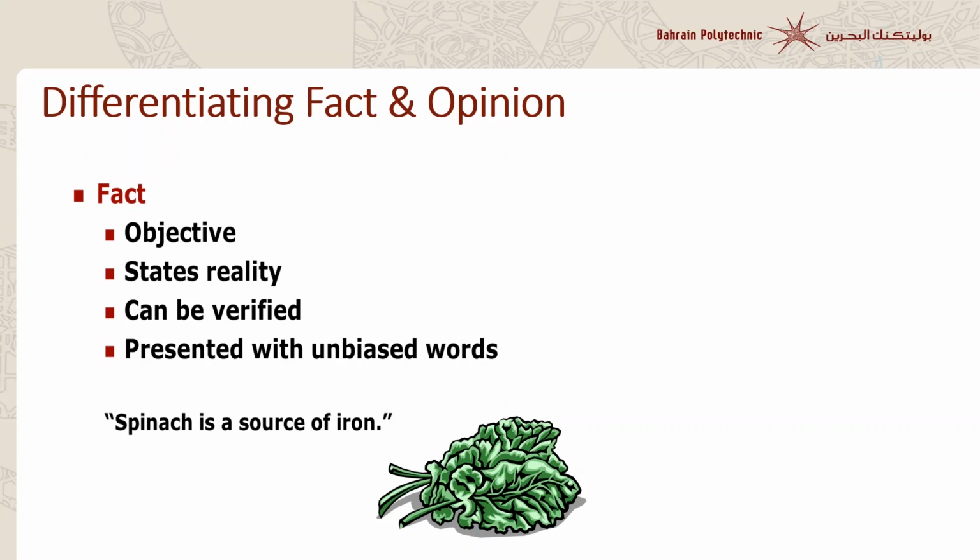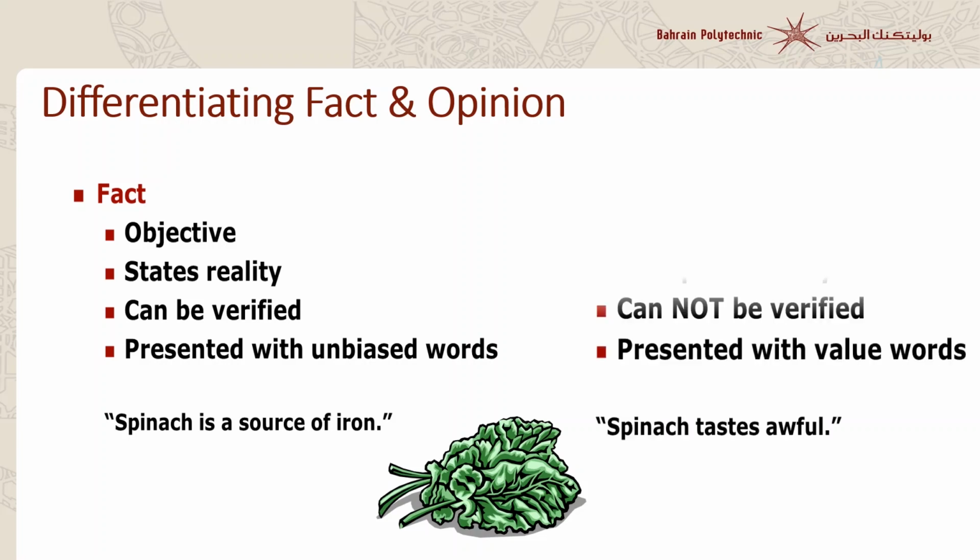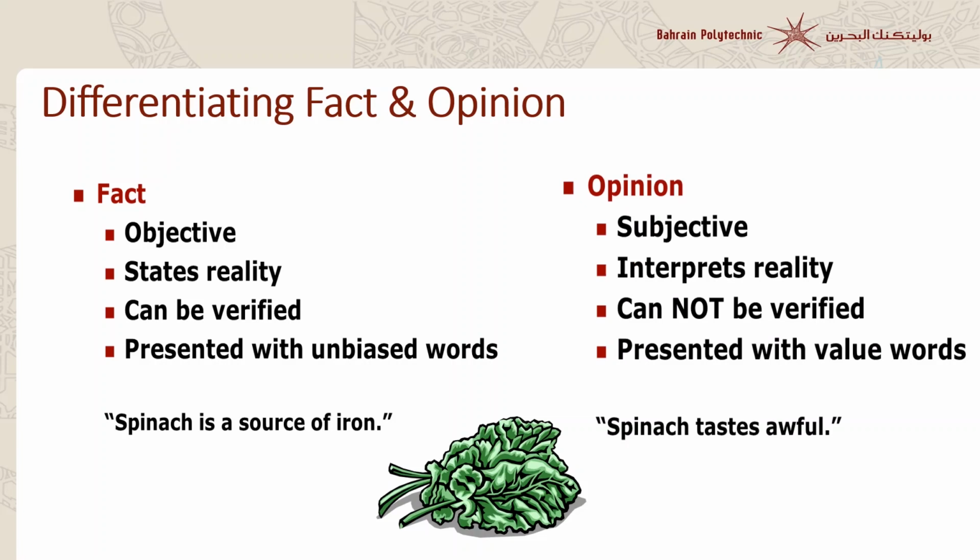They can be verified and they are presented with unbiased words. Example of that is when we say spinach is a source of iron. On the other hand, opinions are subjective interpretation of reality. They cannot be verified and they are presented with biased words. Example of that is when we say spinach tastes awful.